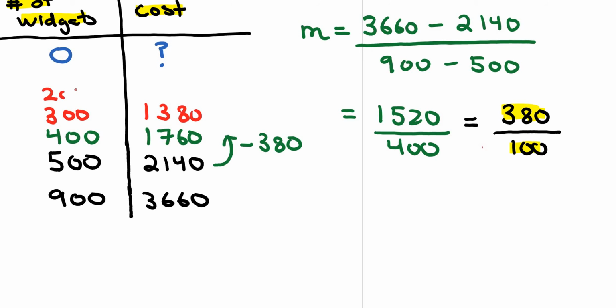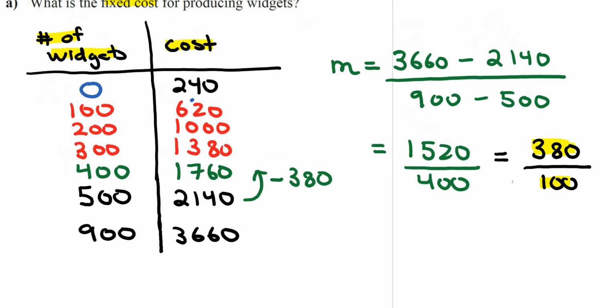If I go down to 200, I subtract another 380, and that's going to be 1,000. Then 100 would be 620. And finally, for the y-intercept, I take 620 minus another 380, and that gives me 240. So that's how you can find your y-intercept.